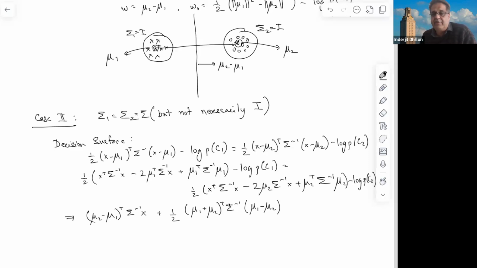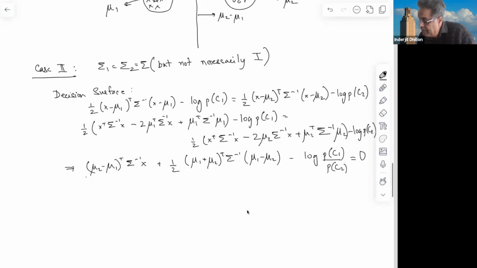You can check that I can write it like this, because the cross terms will cancel out, mu1 with mu2 and mu2 with mu1. Minus log of PC1 over PC2 equal to 0.